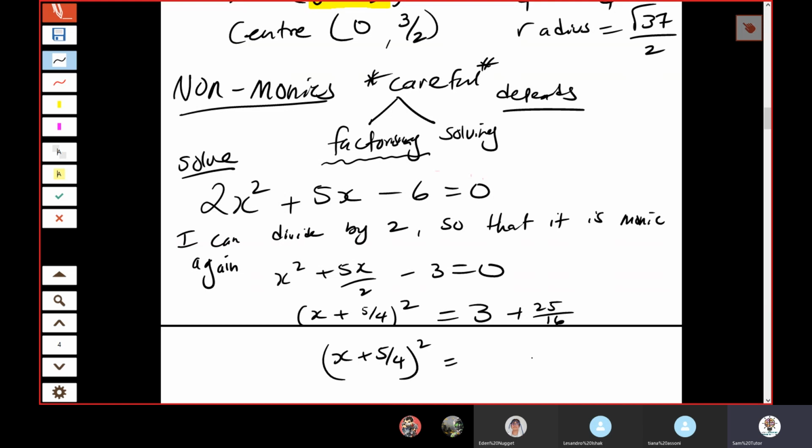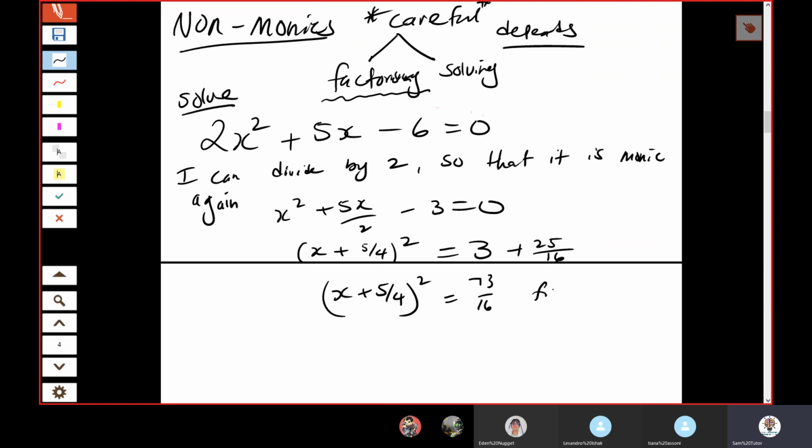Any questions at this stage? And then finish it off. Square root, plus minus, and then subtract 5 over 4. Do we understand that? Yes? All good? All right.